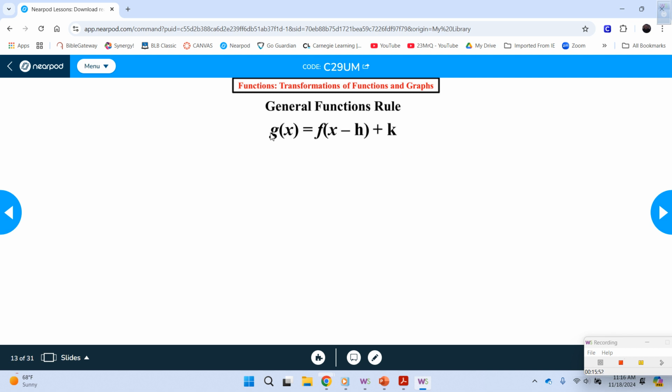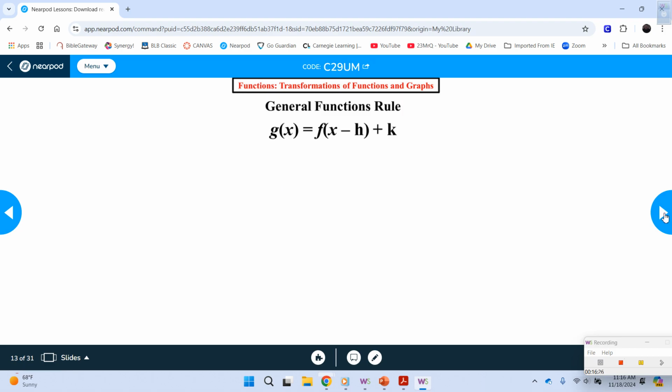That's the rule we're going to be using, okay? So write it down. Once again, our general rule, g of x equals f of x minus h plus k. And we'll break it down in regards to what we're looking at there, okay?